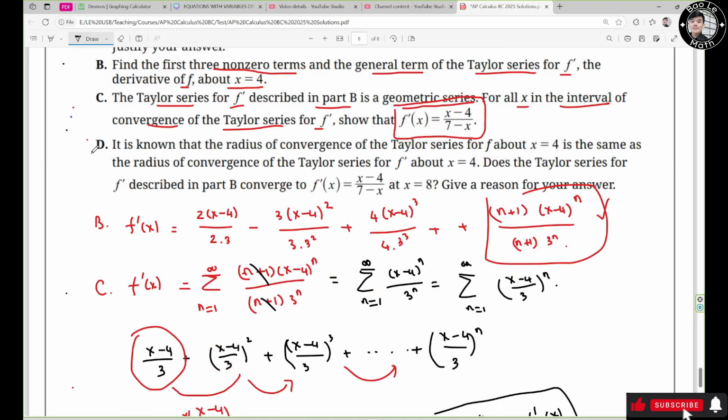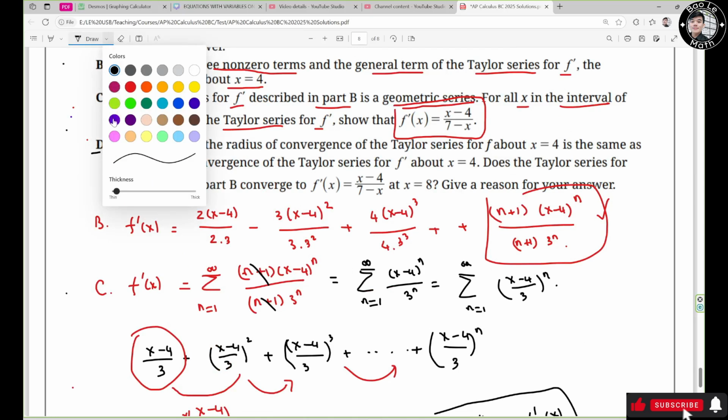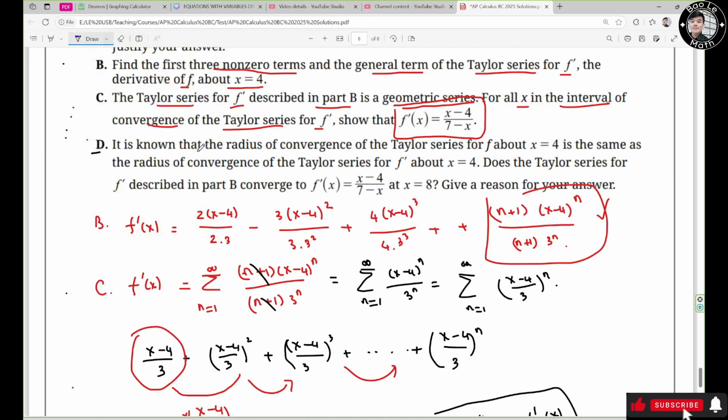Now, let's move on to question D. It's known that the radius of convergence of the Taylor series for f about s equals 4 is the same as the radius of convergence of the Taylor series for f prime about s equals 4. Does the Taylor series for f prime described in part B converge to f prime of s equals (s minus 4) over (7 minus s) at s equals 8?